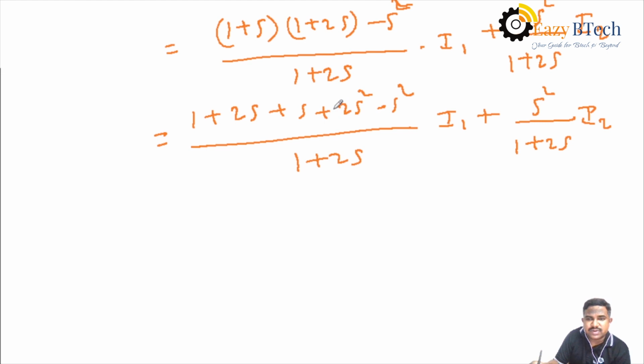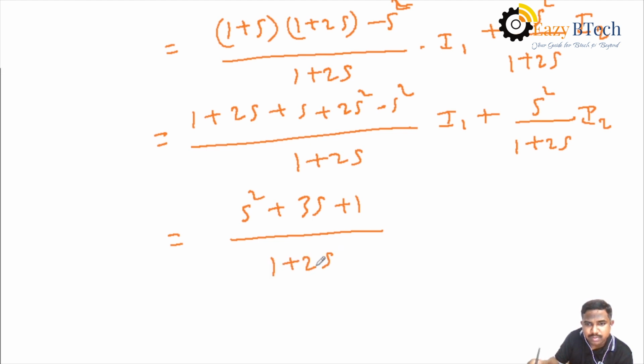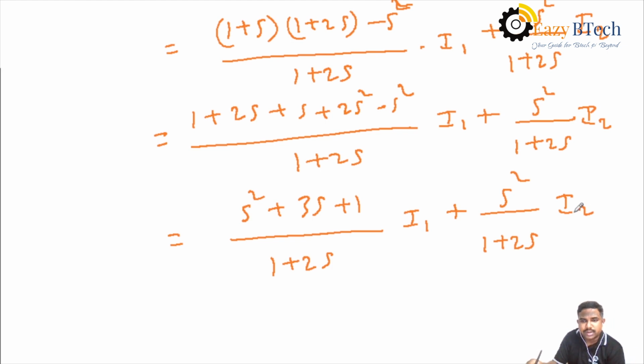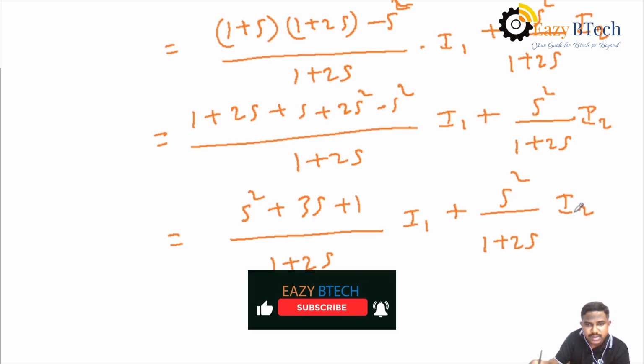Then 2S square minus S square, then 2S plus into 2S plus S. That is, the equation is S square plus 3S plus 1 by 1 plus 2S into I1 plus S square by 1 plus 2S into I2. So this is the V1 value.